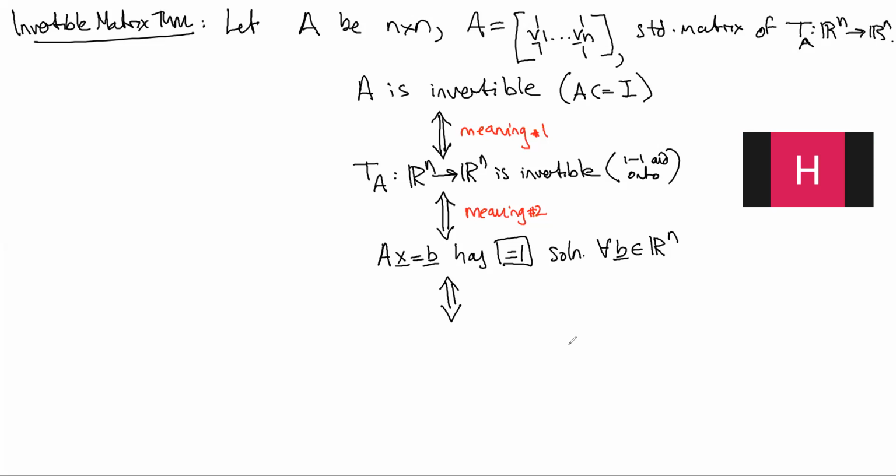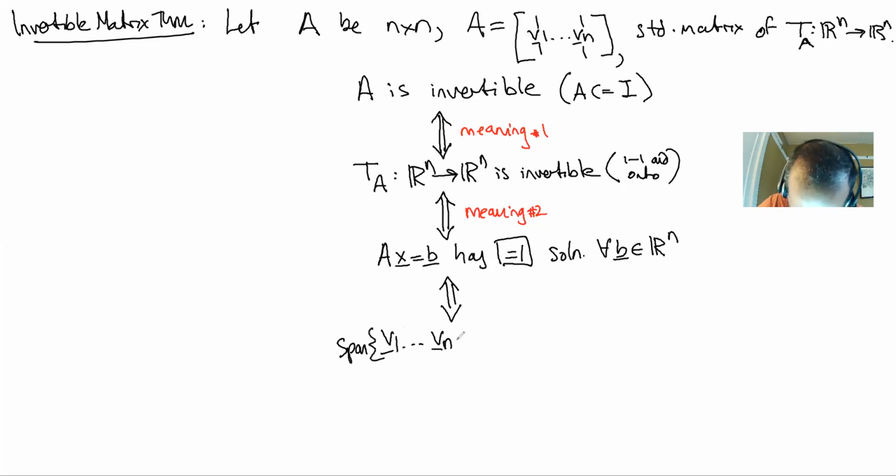They're linearly independent, yeah. So V1 through Vn. Actually, you can say two things. By Goldilocks, the span is equal to Rn and they're linearly independent, which are the same thing.